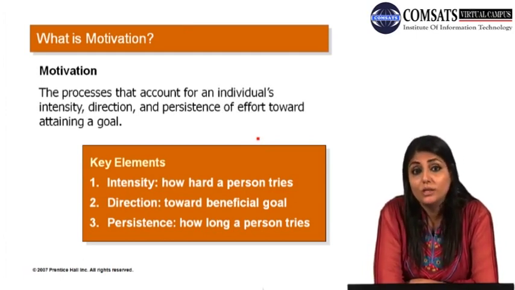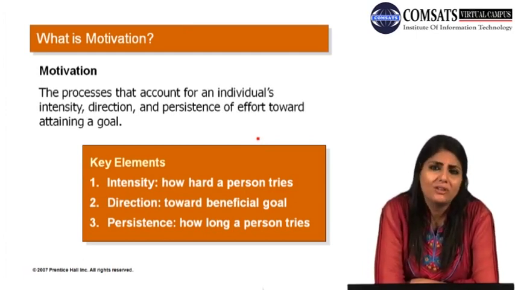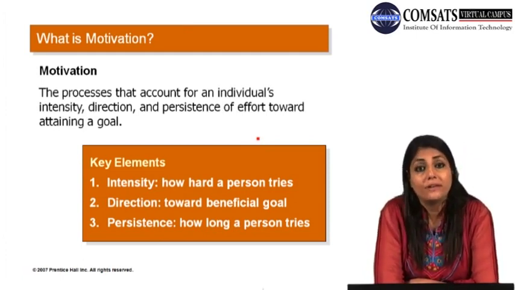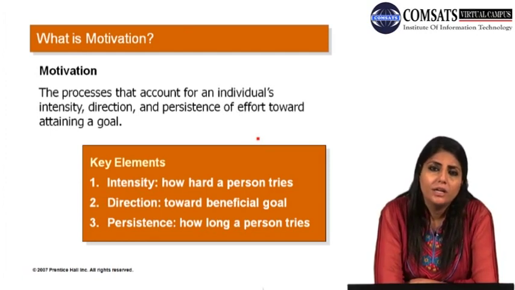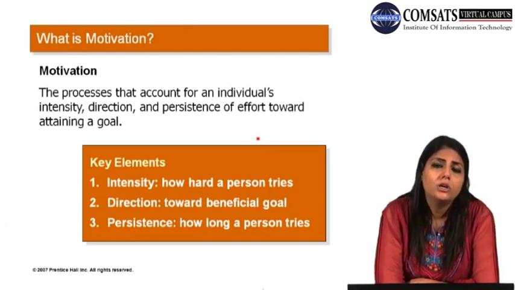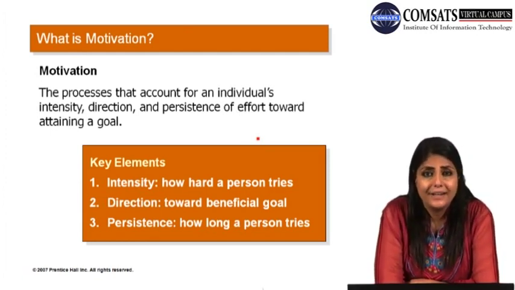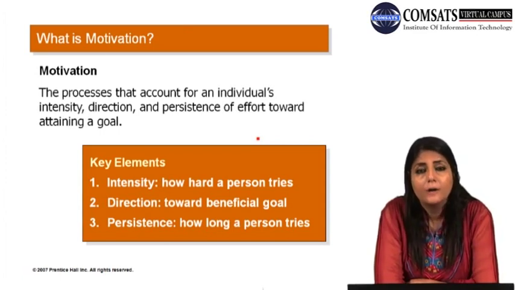So what does it show? It shows that your direction is not right. You're putting in a lot of effort, but that effort is not in the right direction. So a simple walk at home may not be a good direction to achieve that desired end, right?